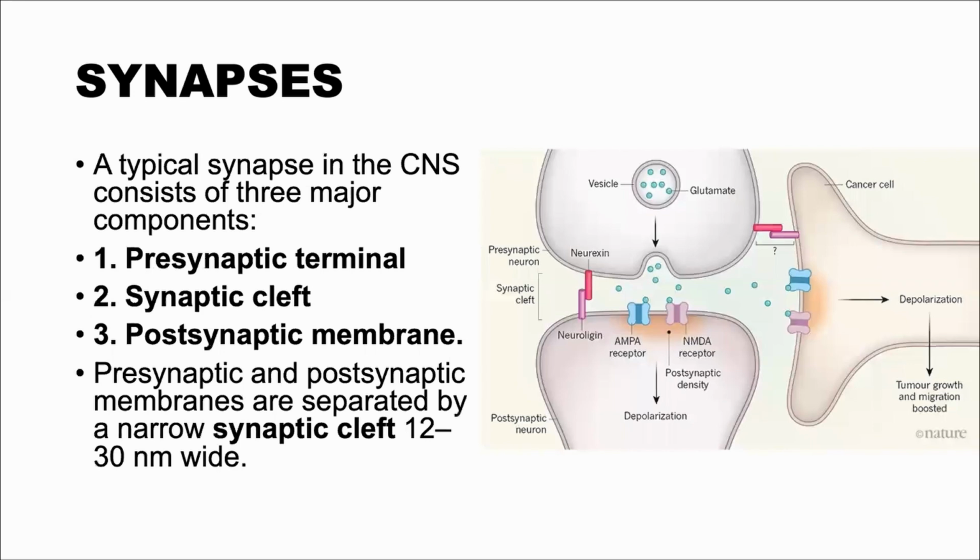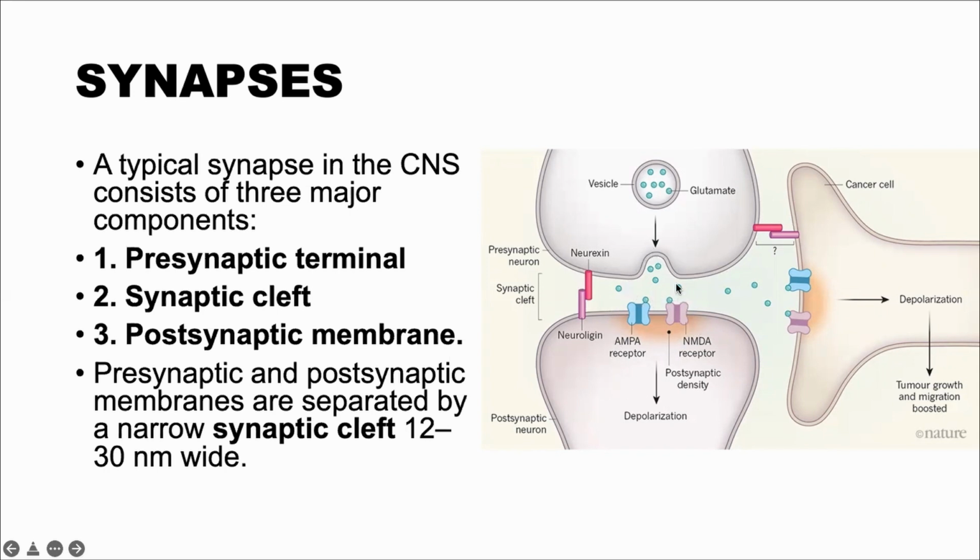So in terms of synapses, when a typical synapse is carried out, there's a presynaptic terminal, the synaptic cleft, and the postsynaptic membrane. This is just showing areas where the neurotransmitter is released. For example, if it is released from this cell, that would be the presynaptic neuron, and the synaptic cleft is just the area between where it communicates with the other cell.